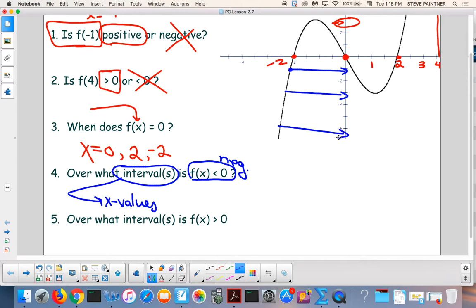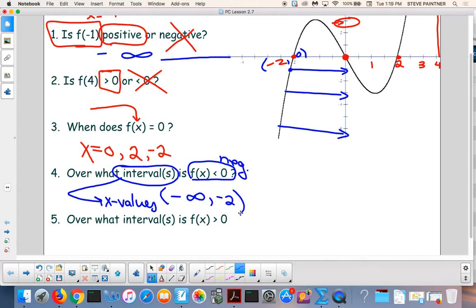I know -2 gets me 0, so -2 is not an answer. Anything less than -2 works. So you'd say from negative infinity all the way to -2 should get me y values that are negative, or less than 0.